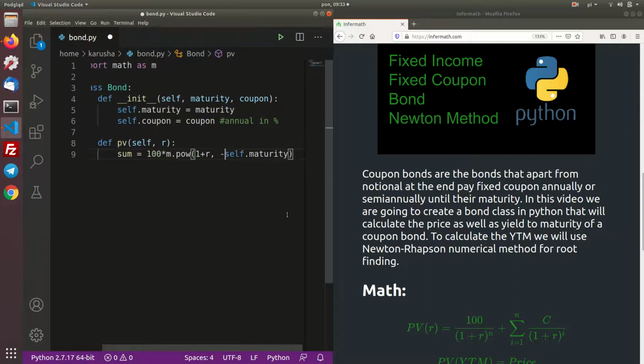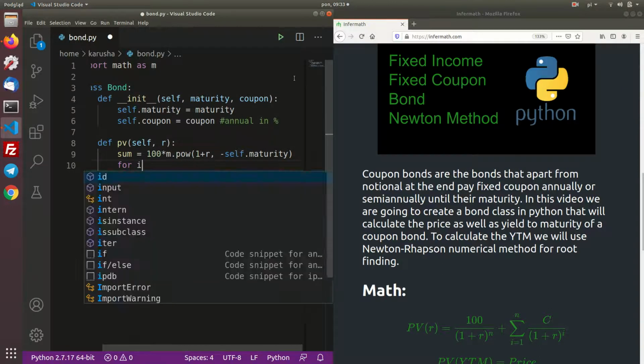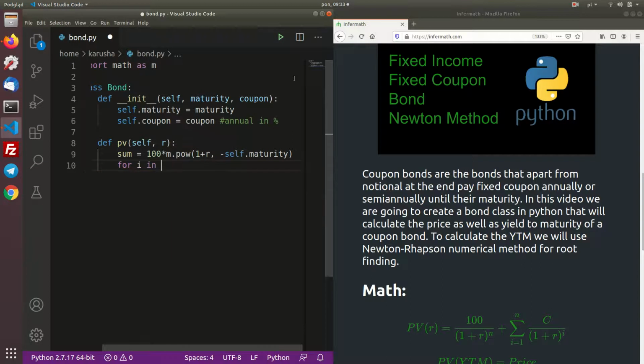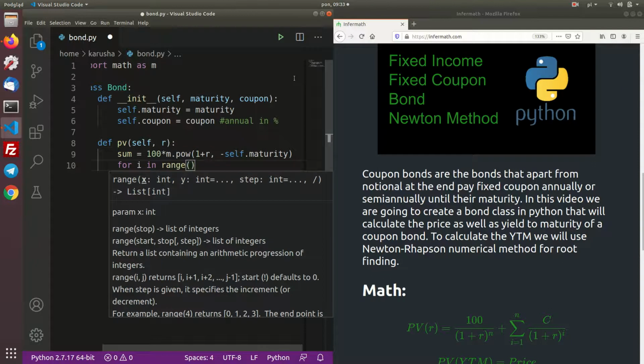Okay, so we have the sum initialized. Now we need to add up all the coupons. So for that we're going to use a for loop. We're going to loop for each year. So for i in range. So we need to start a range from year 1.